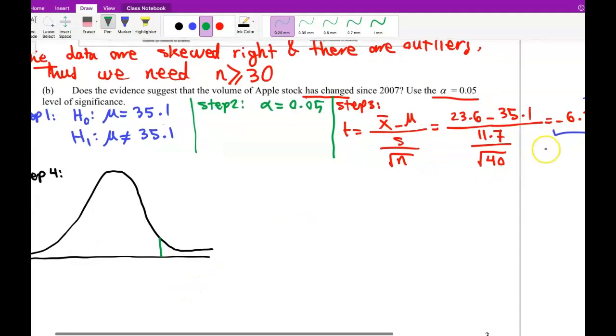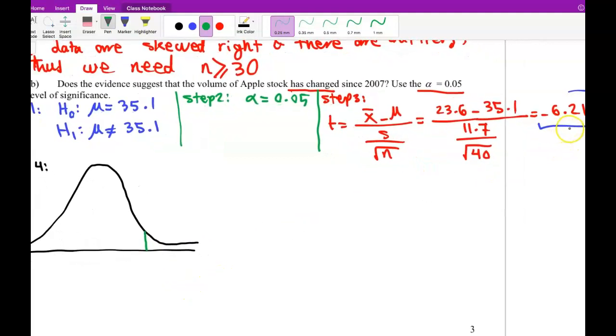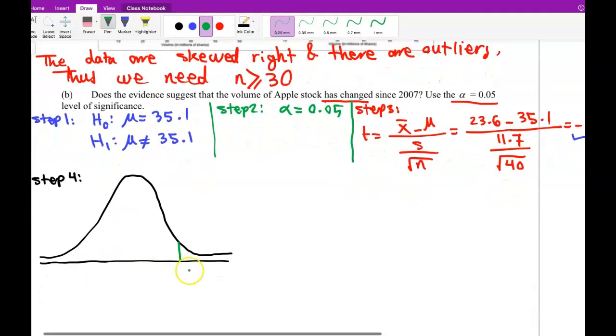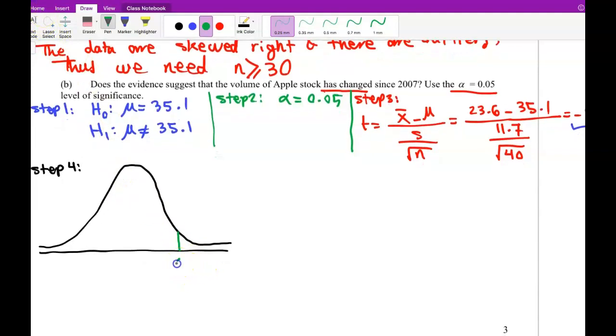For t we got negative 6.216, but since we have a two-tailed test, not equal to, on the right side we have positive 6.216 and on this side negative 6.216.